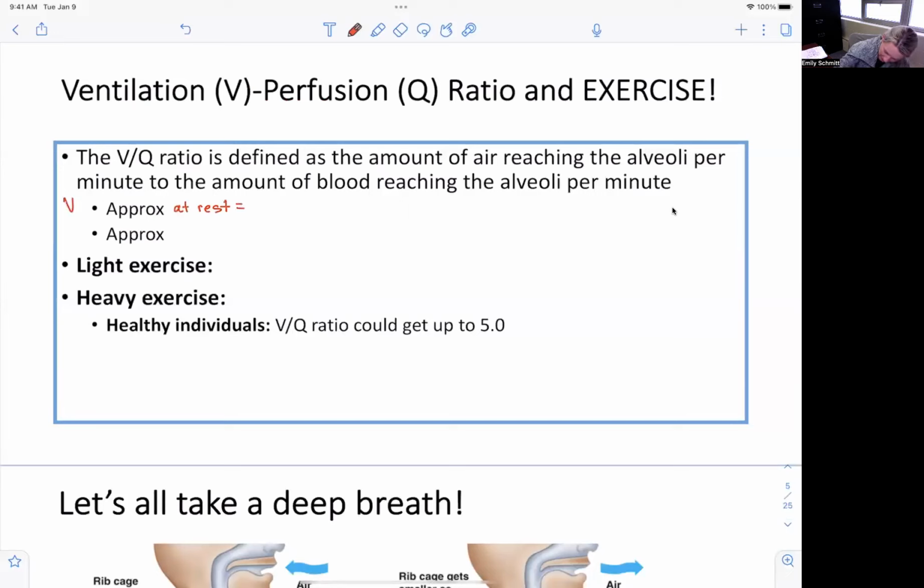our V is 4.2 liters of air. And we know that our Q at rest is 5.0 liters of blood that flows through our pulmonary capillaries.